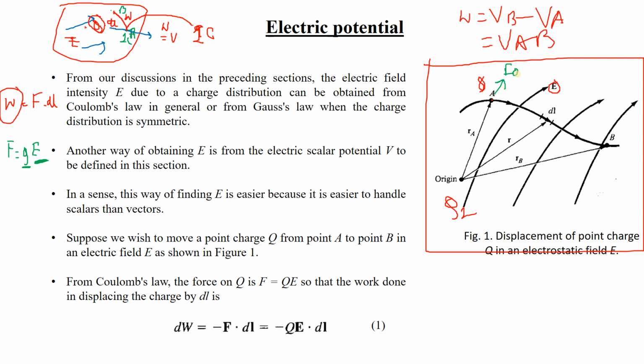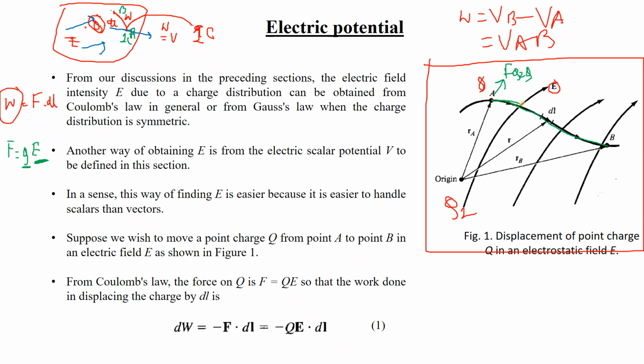That means Q is experiencing some force, but you still want to drag it from A to B, because you don't want Q to be pushed away. That means you are applying some force against it. It is as if you are walking on a road and there is a huge wind, blowing at 30 or 40 kilometers per hour.